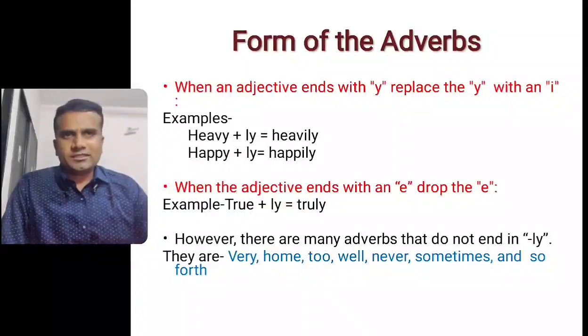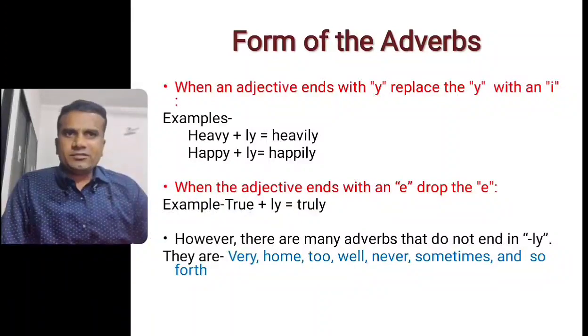This is how in the second example too you will find how adverb is formed. The example is happy, H-A-P-P-Y. Here too this adjective ends with y. So when we make an adverb, y is replaced by i, that is happily. This is how an adverb is formed.